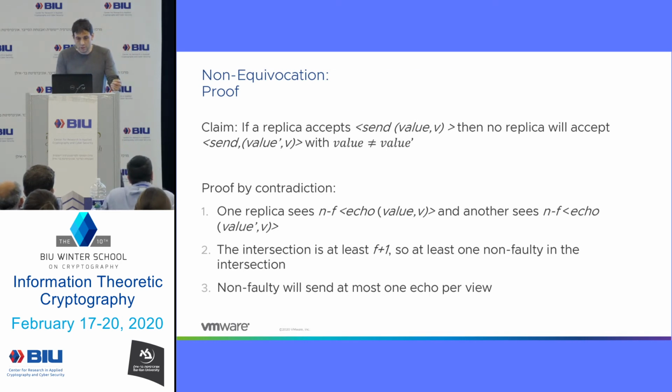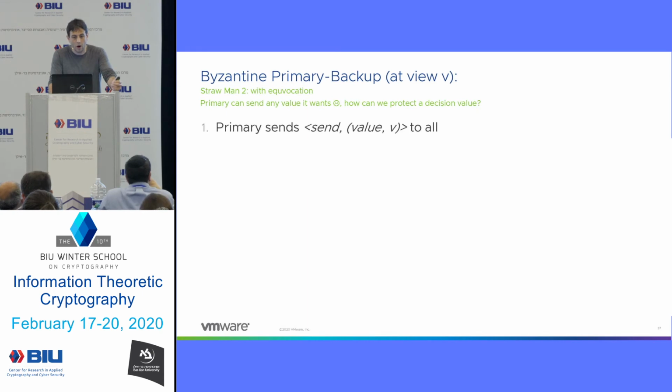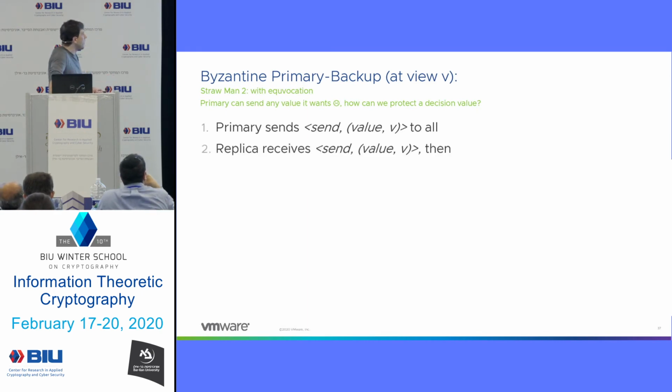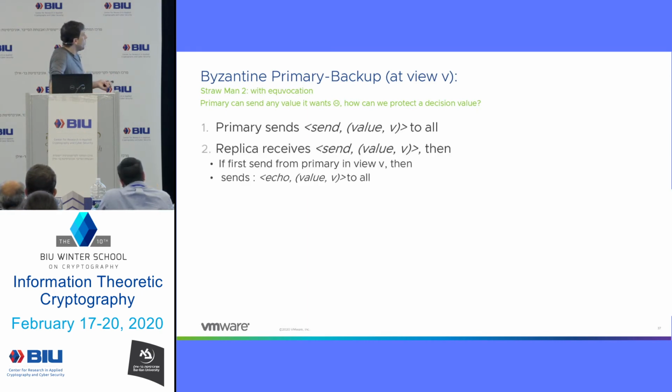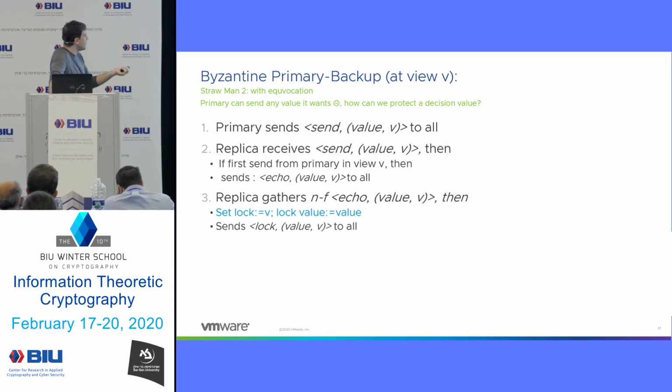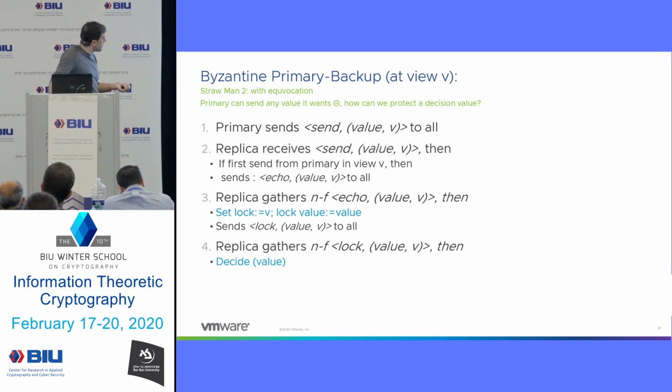Good. So here's how we augment our protocol. The primary sends, and now we will add this echoing, and only after this echoing we will send this lock. So the lock is the old acknowledgement. And now we basically solve the problem that the locks themselves are the same value.